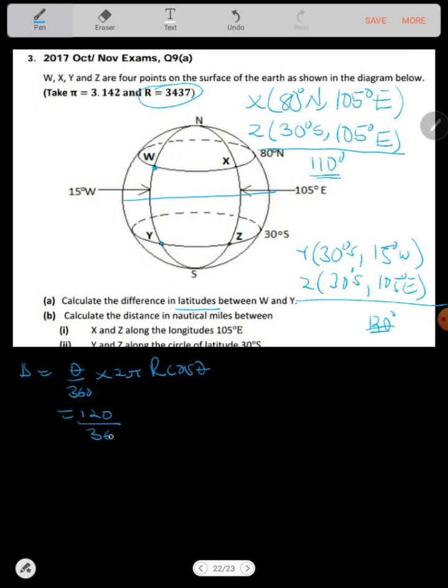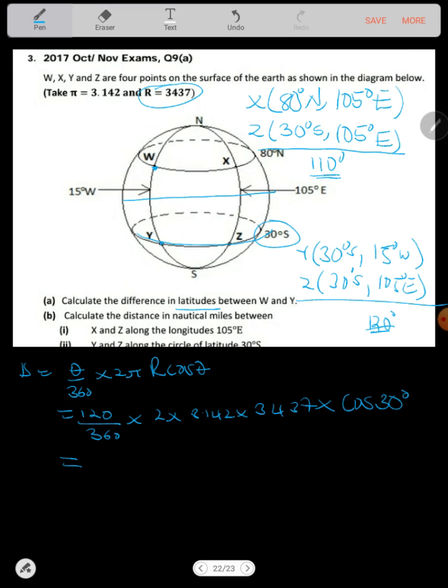120 over 360 times 2 pi, which is 3.142, times r, which is 43.37, times cos what? Now cos is the angle where those two points are, which is 30 degrees.